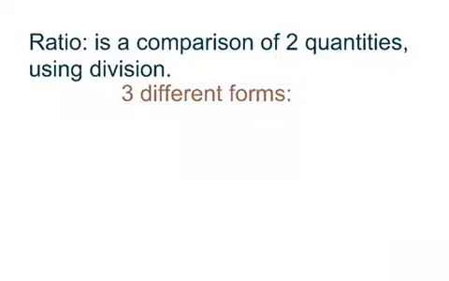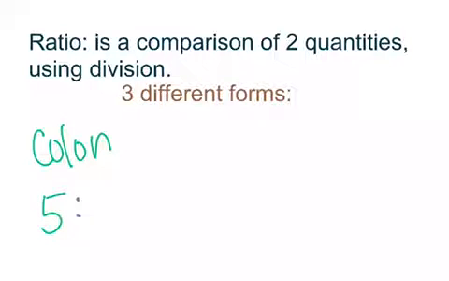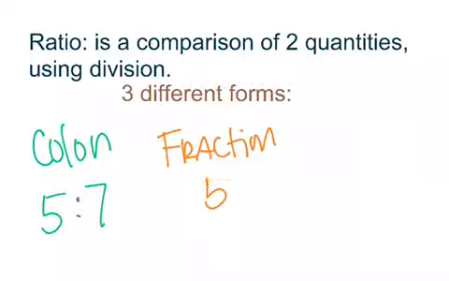We have three forms. We have colon form. So let's say like 5:7. Then we have fraction form, which would be 5/7.